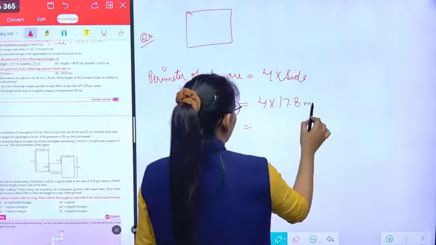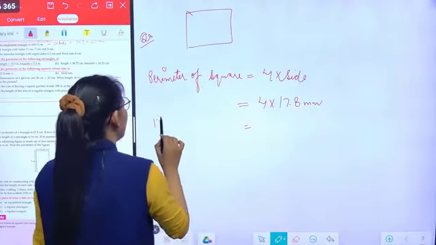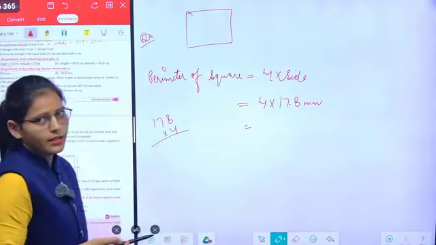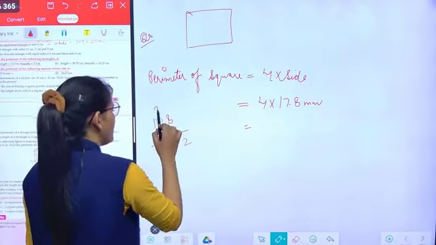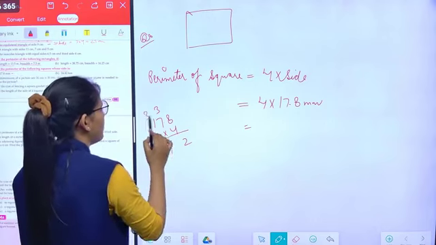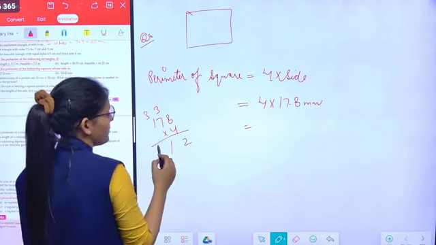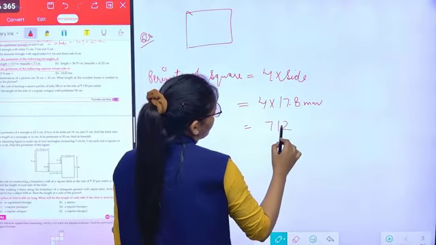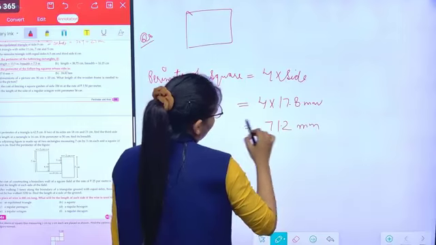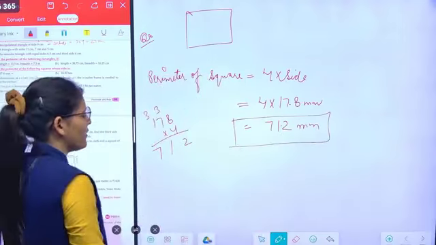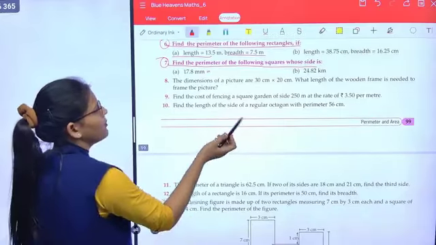Now class, 17.8 multiplied by 4. 4 8s are 32, 2, 3. 4 7s are 28, that is 31. 4 1s are 4 plus 1 plus 3, 71.2. Understand class? I hope you all have understood. Rest of the part, do yourself.